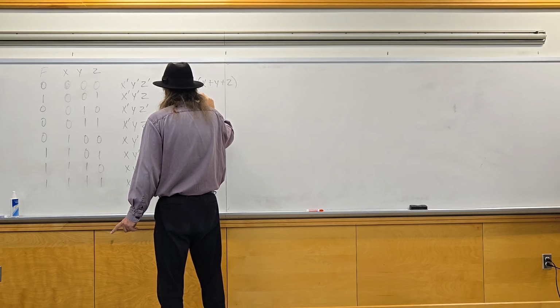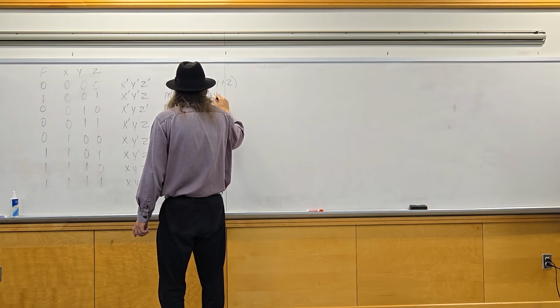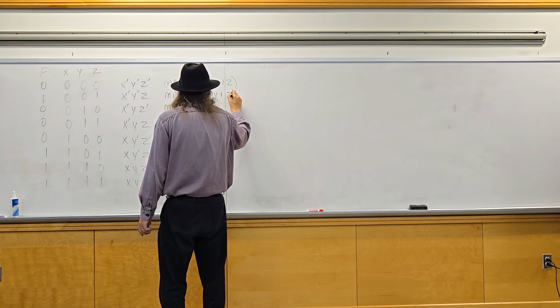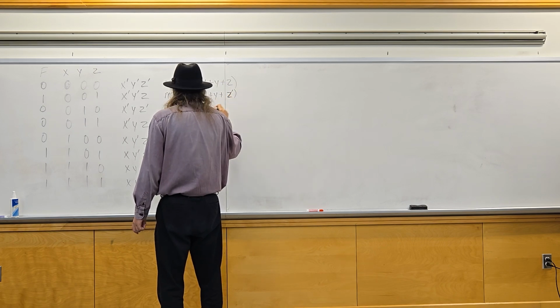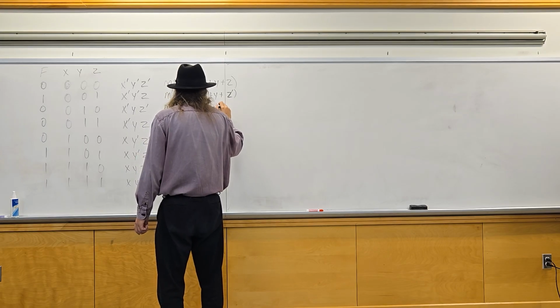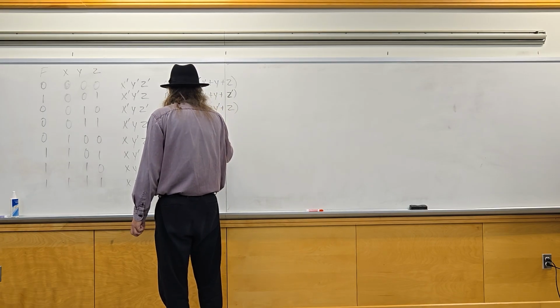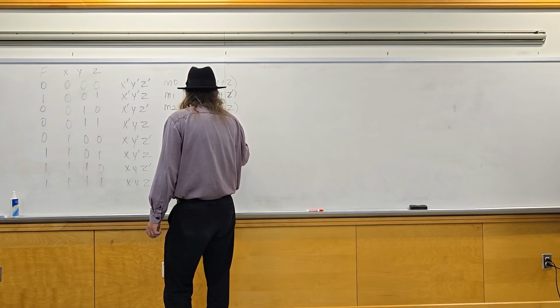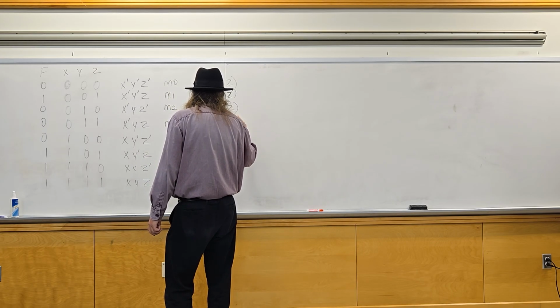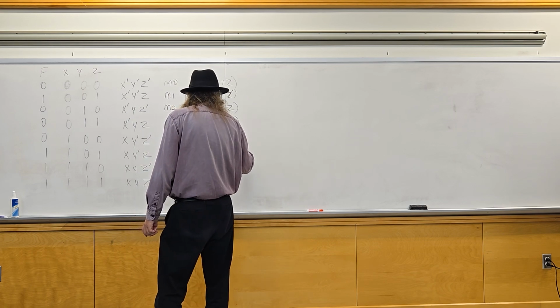And they're inverted from the minterms. So it would be x plus y plus z prime, x plus y prime plus z, x plus y prime plus z prime, and x prime plus y plus z.